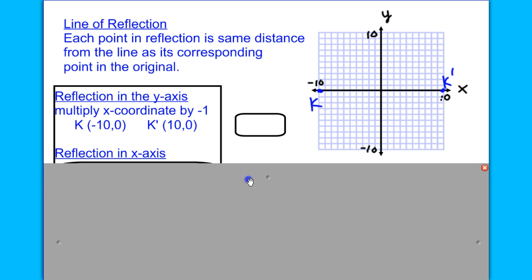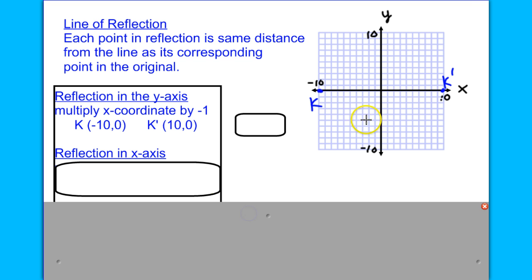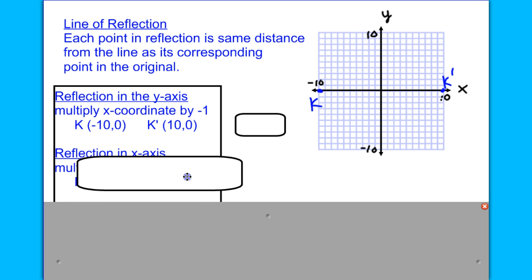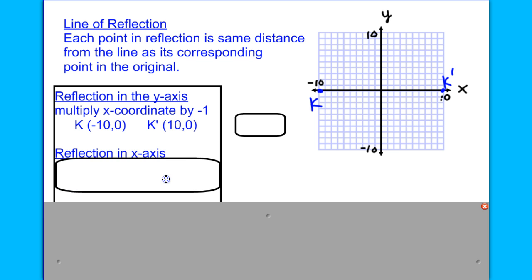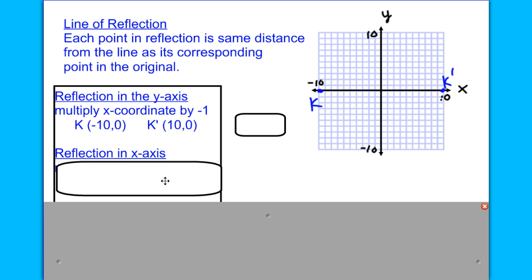Okay, so let's think about what would happen if we reflect in the x-axis. Let's start with a point at 3, 2. This is point P. You can probably be more precise on paper than up here sometimes, huh?